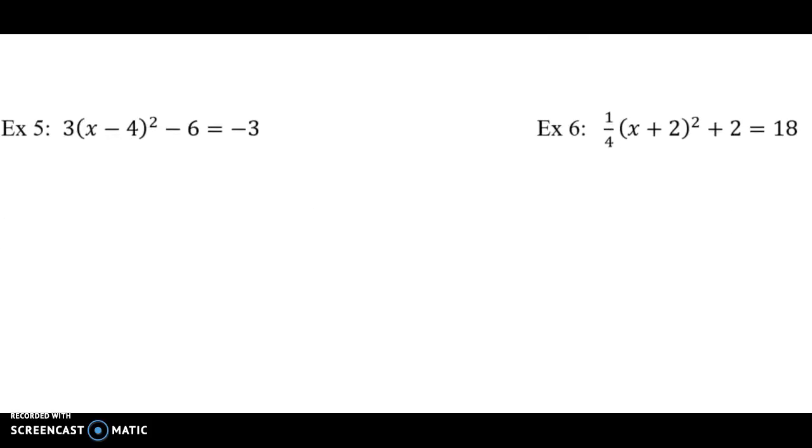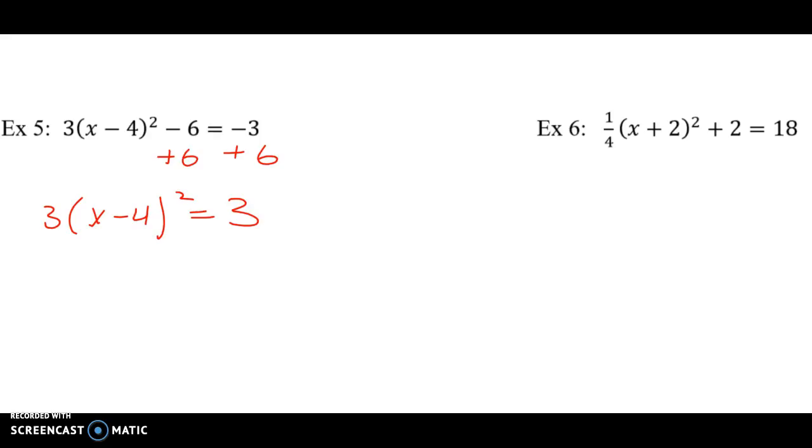So first step, what would I have to do? No. You cannot distribute into a squared. You would not subtract the 6, you would add the 6. You get rid of the 6. So this is kind of like absolute value. Remember absolute value?